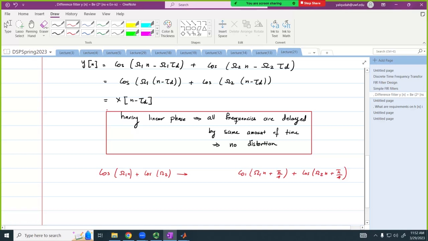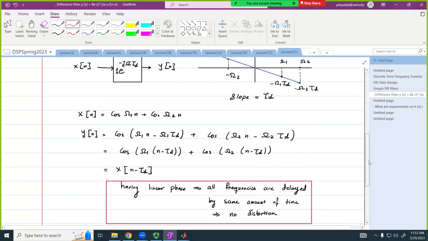Yes, it will distort the signal, because they have the same phase even though they have different frequencies. Does that make sense? Remember, the phase here is different than this phase.